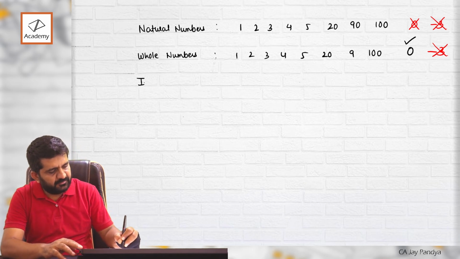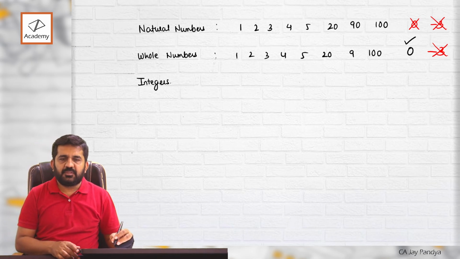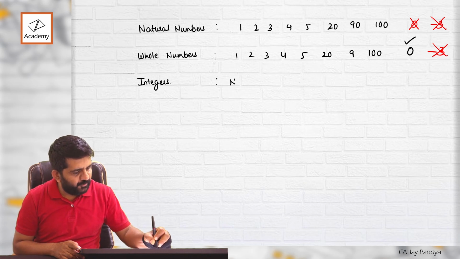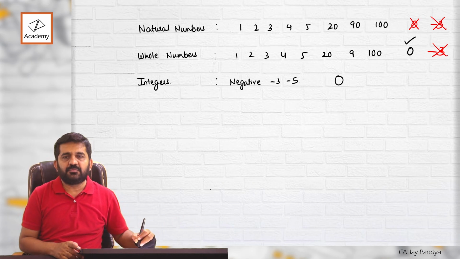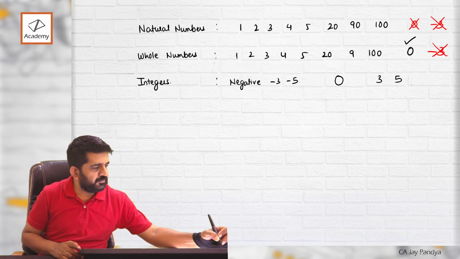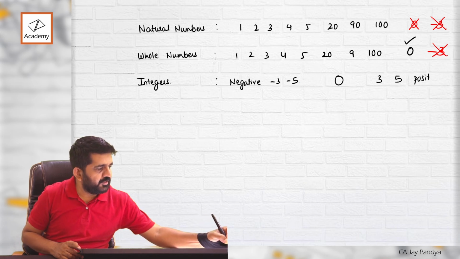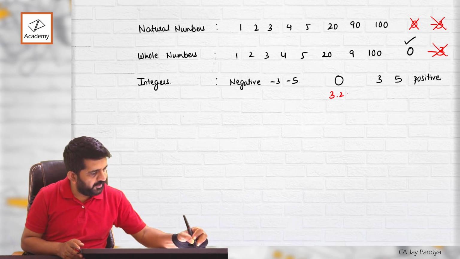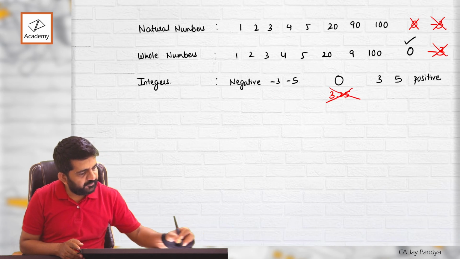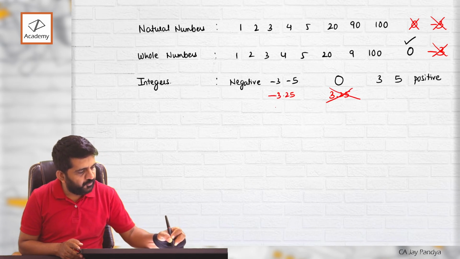Third is integers, right? It includes negatives, minus 3, minus 5. It includes 0. What it does not include: 3.25, minus 3.25.